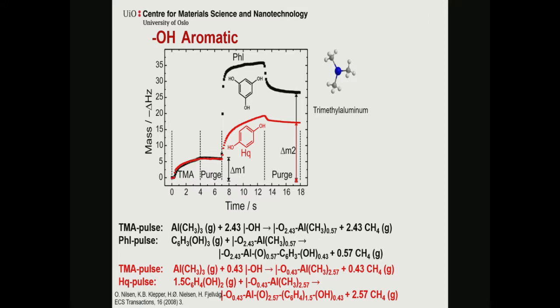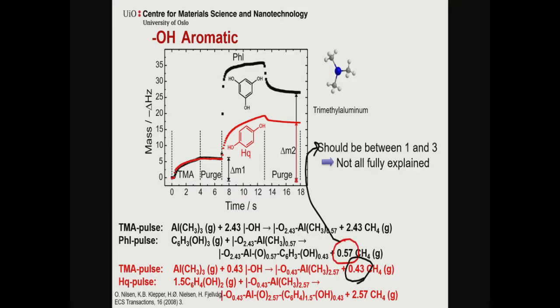The ideal reaction scheme is plotted on here, and obviously there is something wrong with the ideal reaction schemes, because these values, how many of these that you react per pulse, should be between 1 and 3, and they are not. So it's not quite fairly easy to describe.